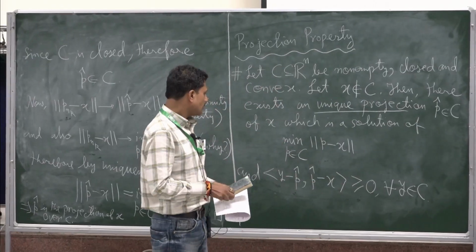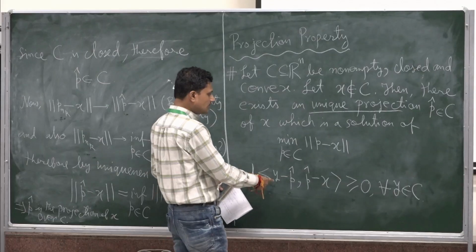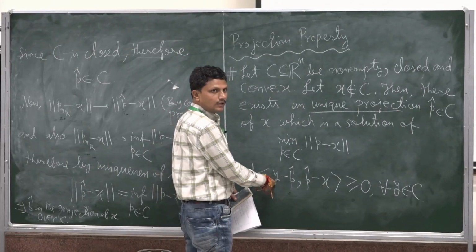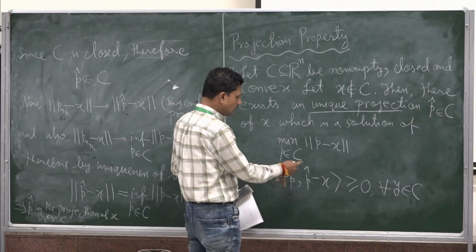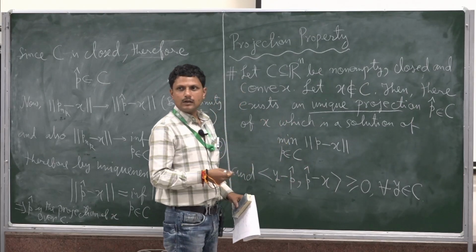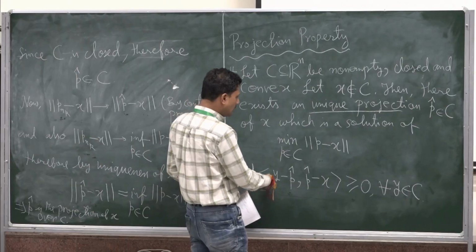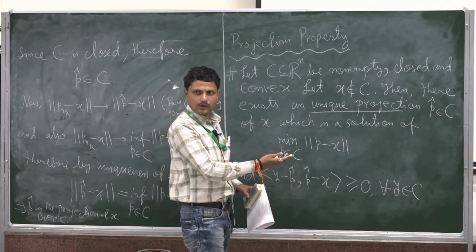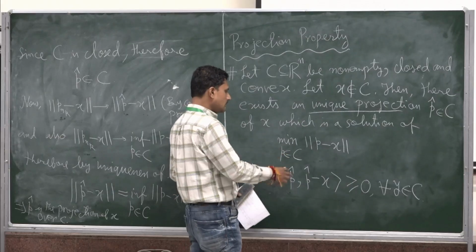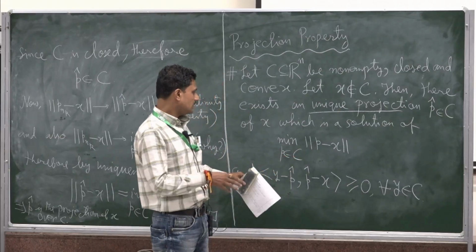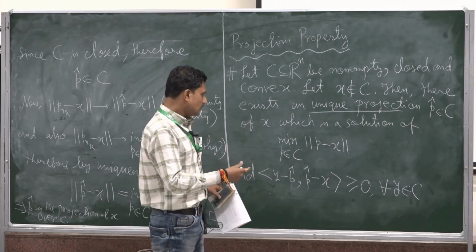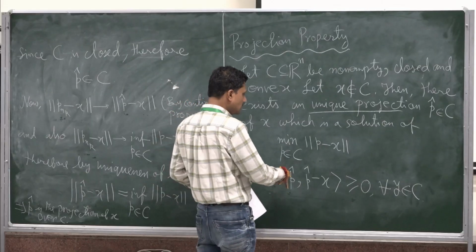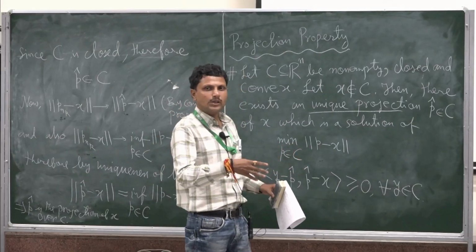So one time this is a point in C, you can place P tilde in place of y, and another time you can exchange them. Then you try to add the inequalities, and you will see that P tilde and P hat will be equal.